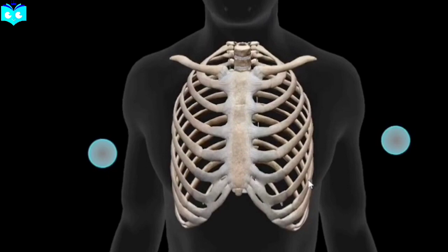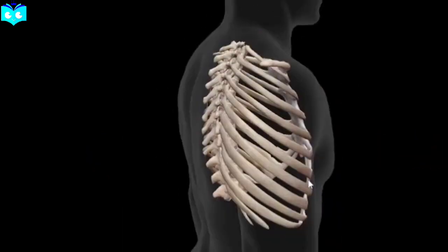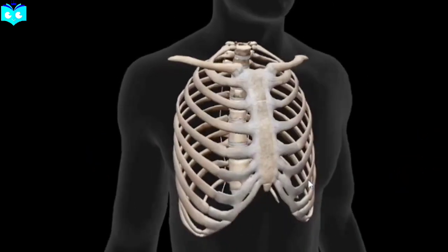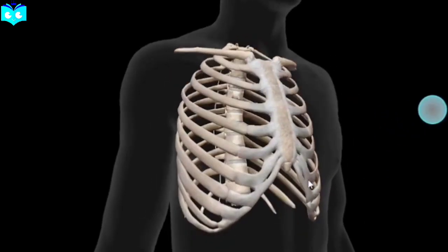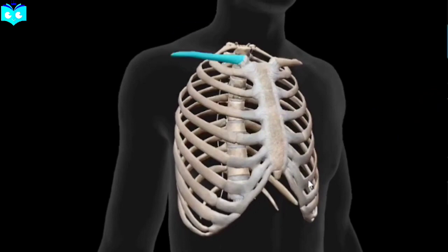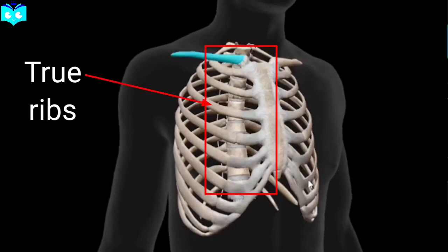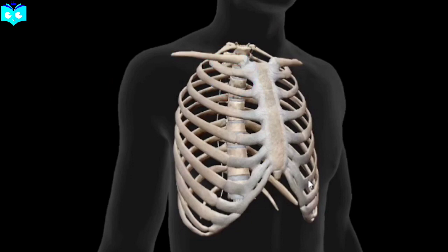And now we will talk about the ribs and the sternum. Ribs consist of a total of 24 bones, not including the sternum. Ribs have 12 pairs of bones. The first 7 bones, including this clavicle, which is also known as the beauty bone, are the true ribs. The first 7 form the true ribs because they join directly to the sternum.